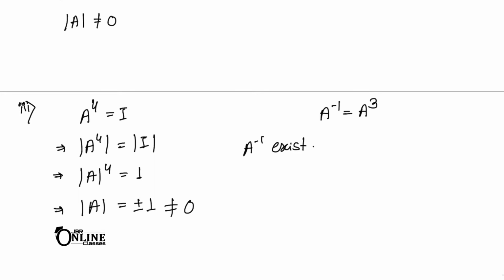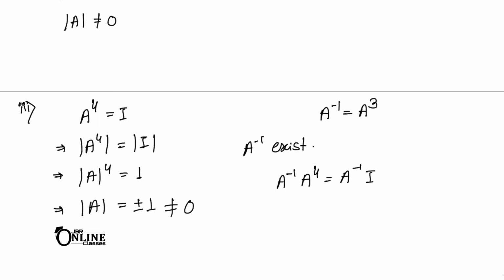So now as here A to the power 4 equals I, if you multiply A inverse on both sides, it will be A inverse A to the power 4 equals A inverse I. Okay.